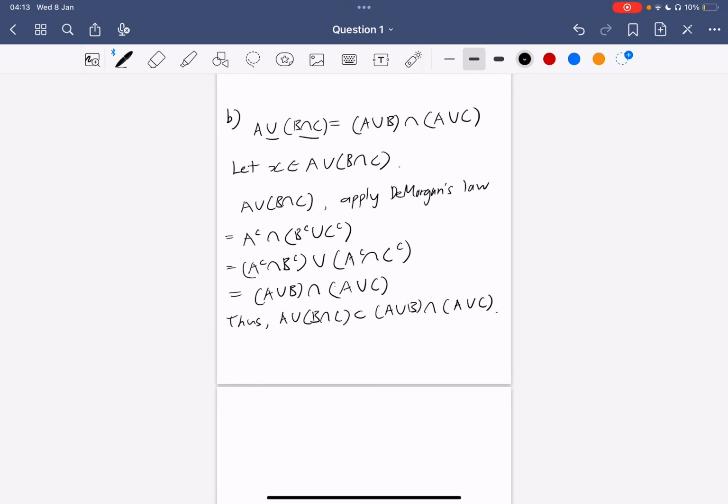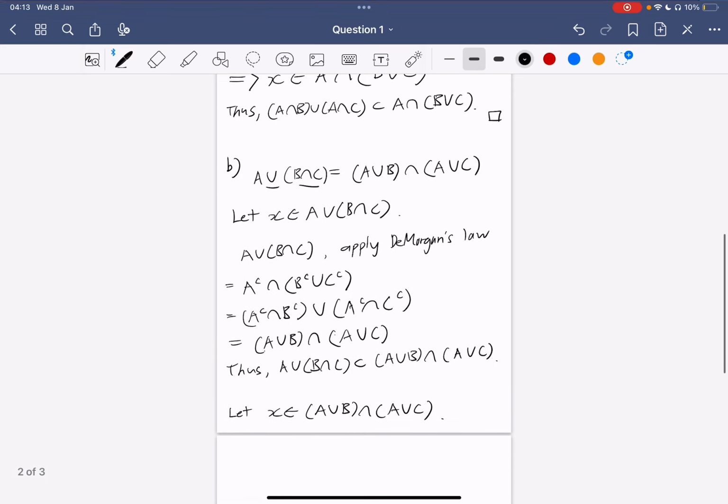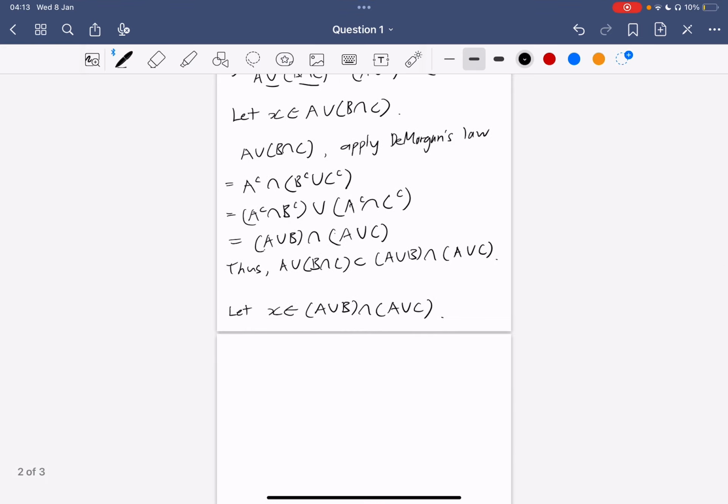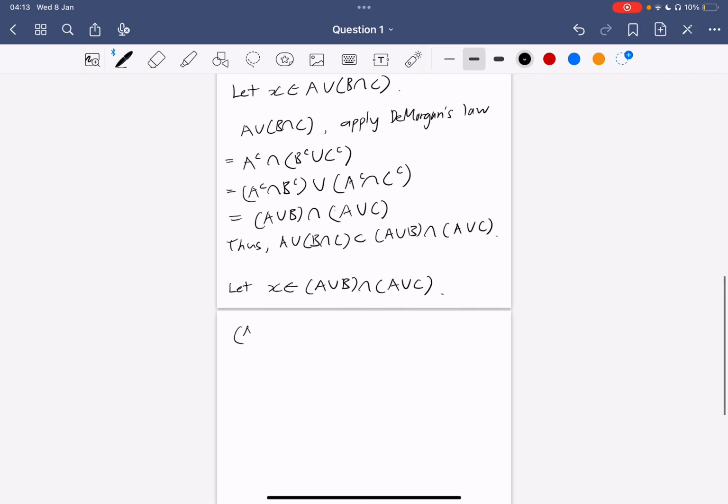Now we just have to do the same thing on the right-hand side. We let X be an element of the set on the right-hand side. Take the set out.